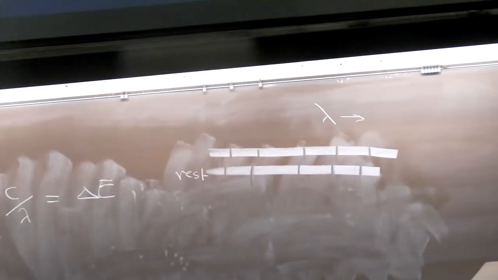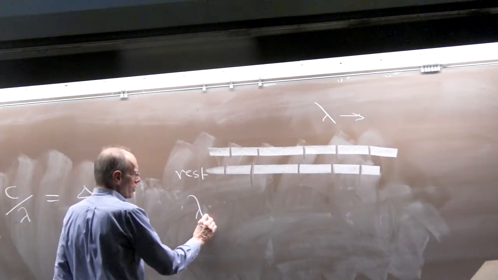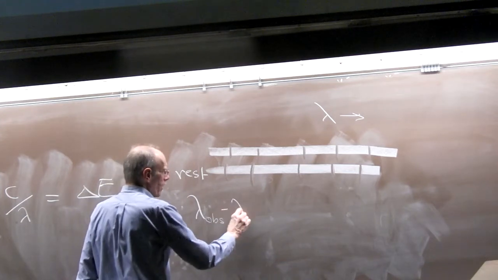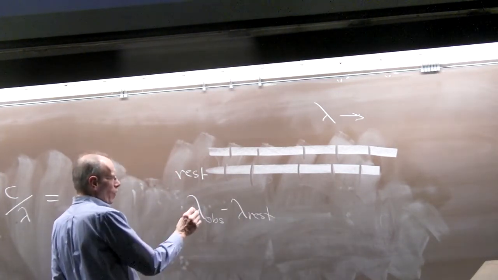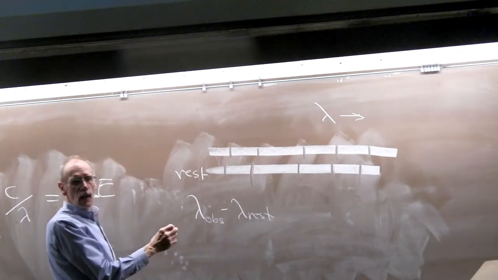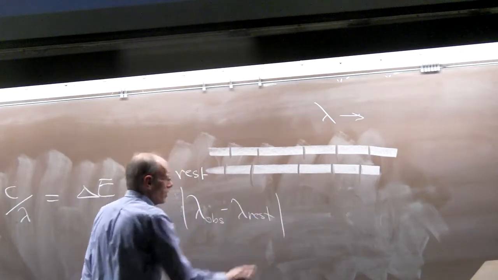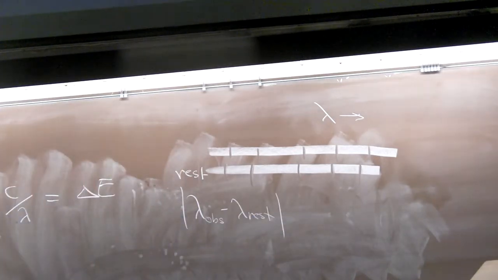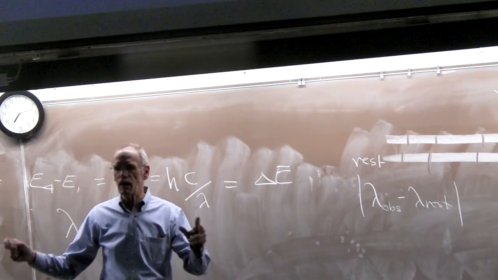And that would be noted by which one has the wavelength that you observe minus the wavelength at rest, which one has the largest value for that? And in math, we sometimes put something in front that says it's the absolute value. Plus or minus doesn't matter. Whichever has the bigger number is the one that's moving the fastest.